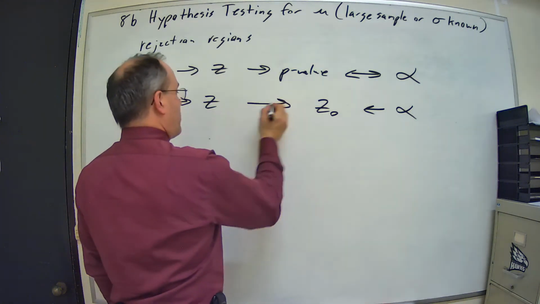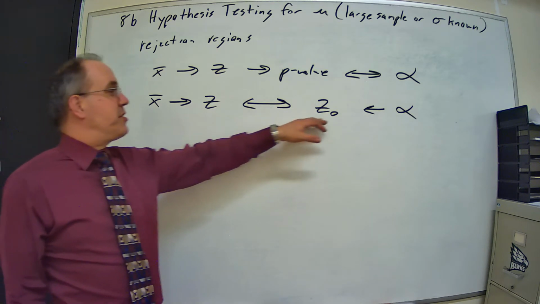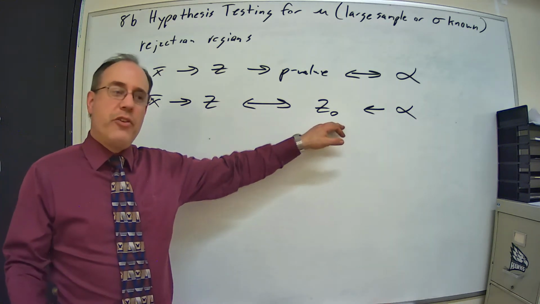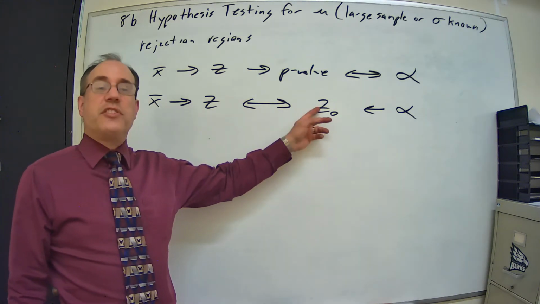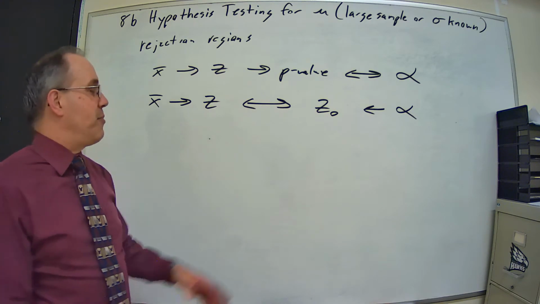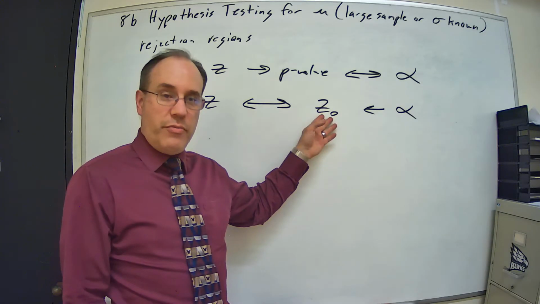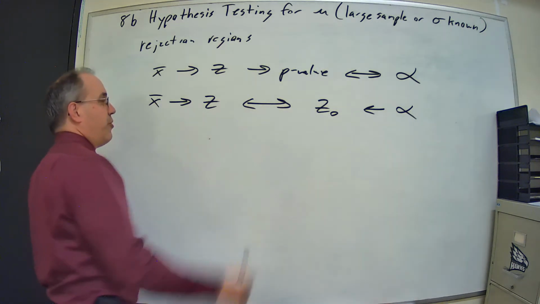And then we're going to compare our z-score that we calculated to our z sub 0, our critical value. If you remember, with confidence intervals, we had critical value z sub c. Now we have z sub 0, which essentially means the same thing. It's our critical value. And we're going to compare that to our z-score.